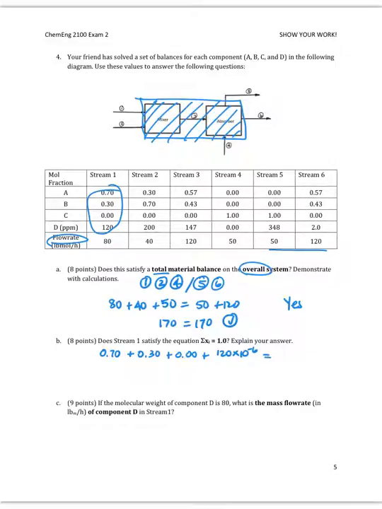Okay, and this becomes 1.000120. Now these numbers here were only given to 2 decimal places. So I can only take these first 2, so therefore this is indeed 1.00 to the significant figures that are given. So yes, this satisfies the equation.